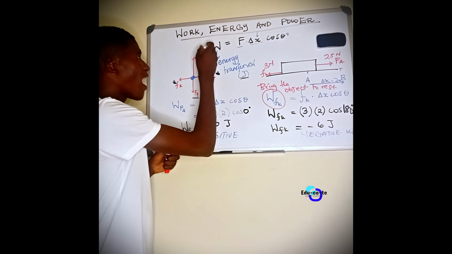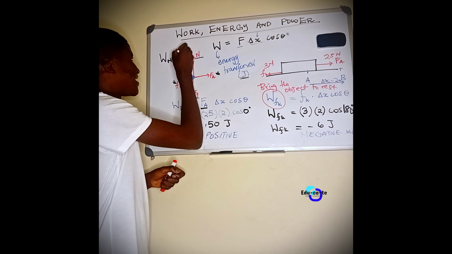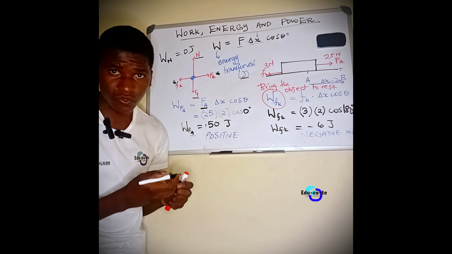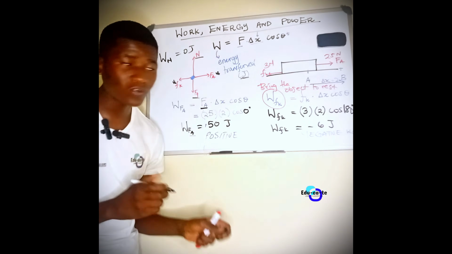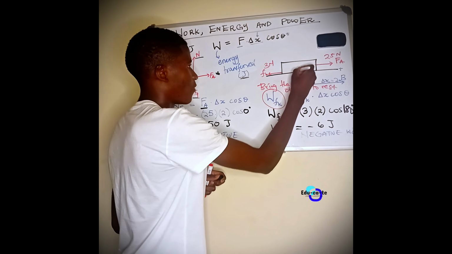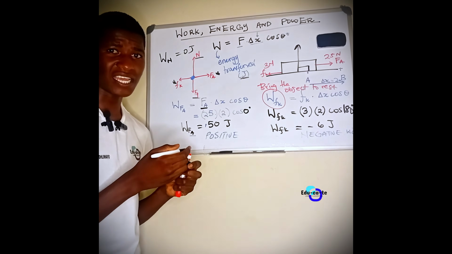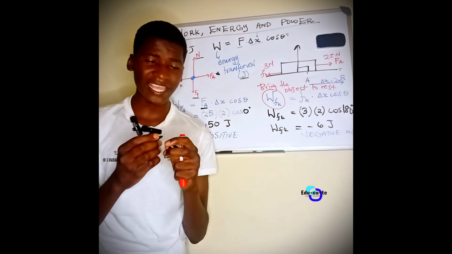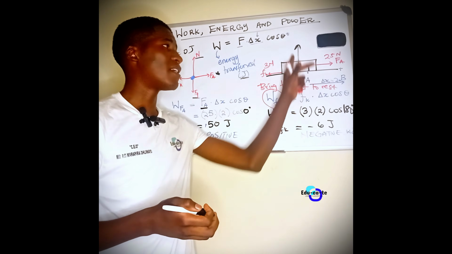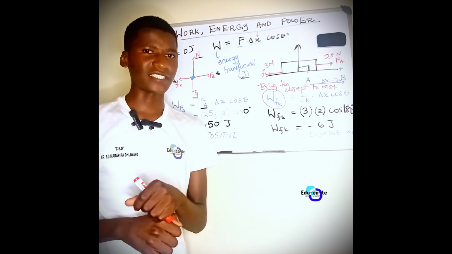If they ask, why is the work done by the normal force on this object 0 joules? It is because the normal force is perpendicular. Remember that it's a force that acts perpendicular to the surface. So that's the reason you're supposed to say.